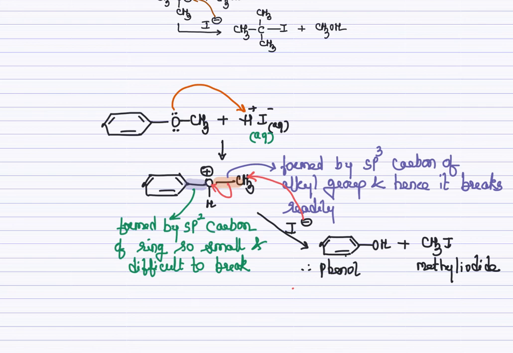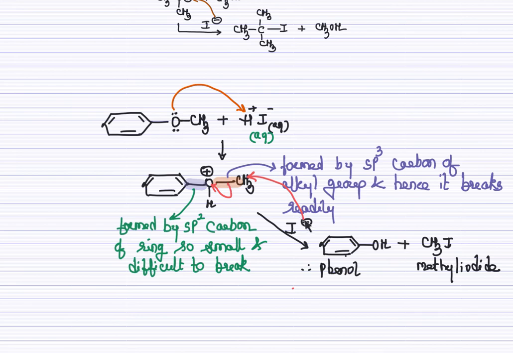So basically what happens here is, you find that every time you have a benzene ring and OH, remember the bond between the ring and oxygen never breaks, irrespective of what you have here, whether you have a primary alkyl group, secondary alkyl group, tertiary alkyl group, anything. Don't worry about it. Never ever break this bond, always break this bond.